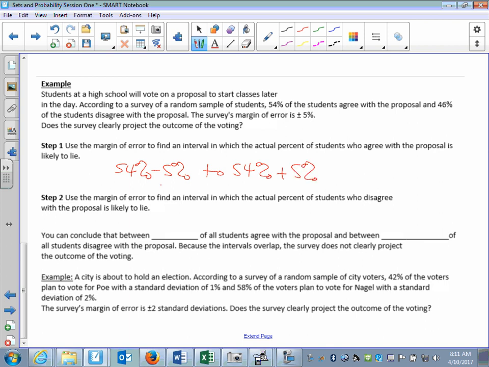And what did we say? 49% to 59%. Now, it does look like it's rather likely, but it's not necessarily a lock. Next, use the margin of error to find an interval in which the actual percentage of students who disagree with the proposal is likely to lie.